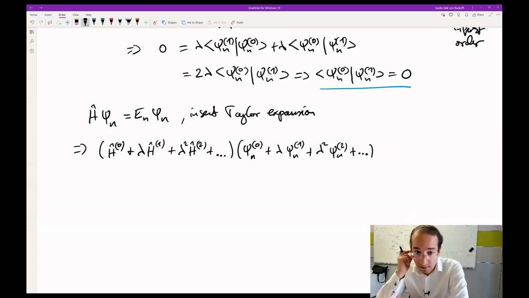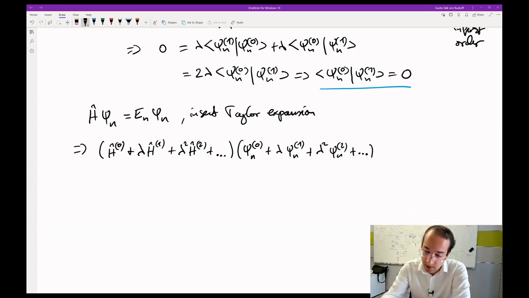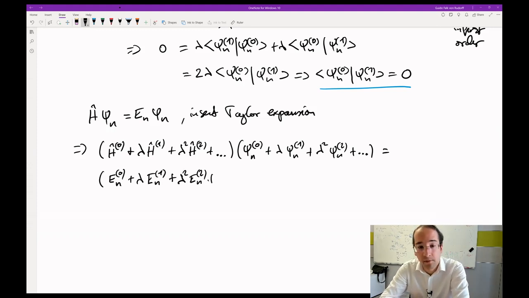Now this is equal to the same part with the energies. So that would be the energy of the reference plus lambda times the linear response of the energy plus lambda squared of the quadratic response plus higher order terms.